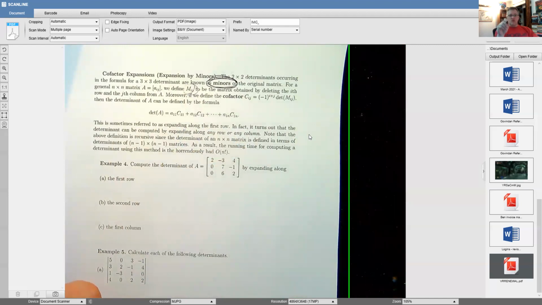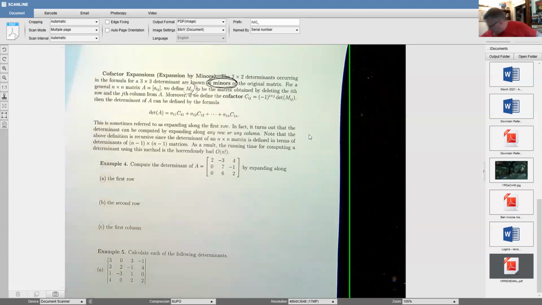Well, it turns out you can do this no matter what row or column you want to use. And so once you've chosen the row or the column you're going to use to break the original determinant down into minors, what you do is you multiply -1 to the power of the row plus the column that number happens to be in.